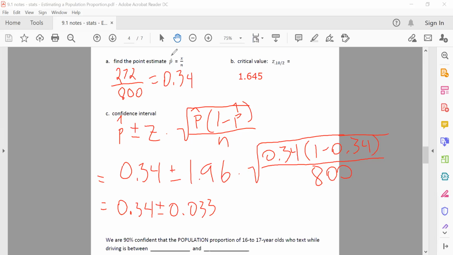So remember what plus or minus means. We're going to go down 2 routes here. We're going to do 0.34 plus 0.033, which will be 0.373.